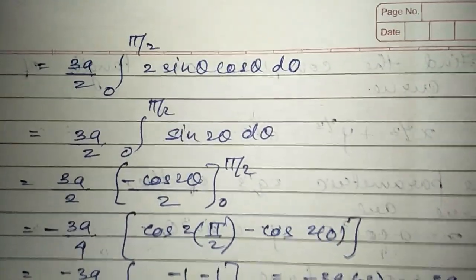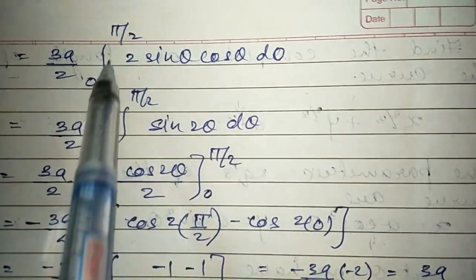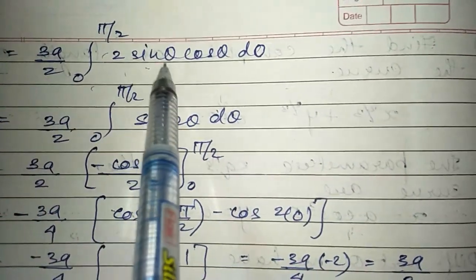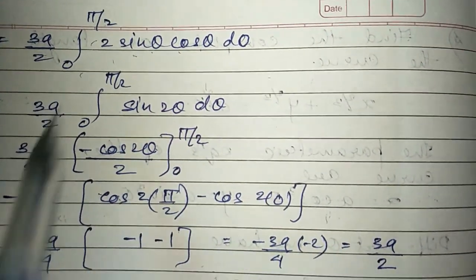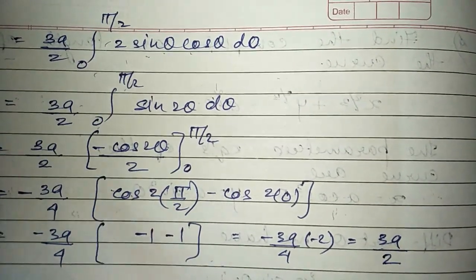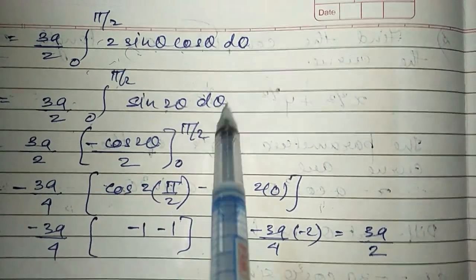We multiply and divide by 2, so we have 3a by 2 integral 0 to pi by 2 of sin theta cos theta d theta, which can be written as 3a by 2 integral 0 to pi by 2 of sin 2 theta d theta.